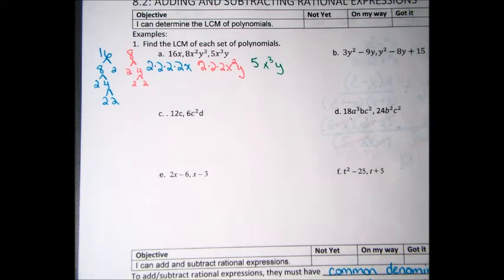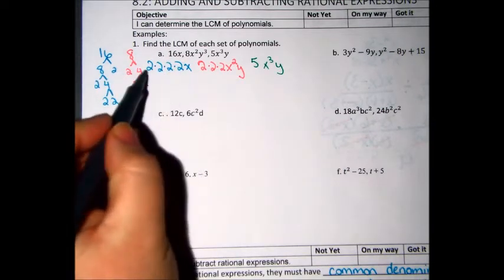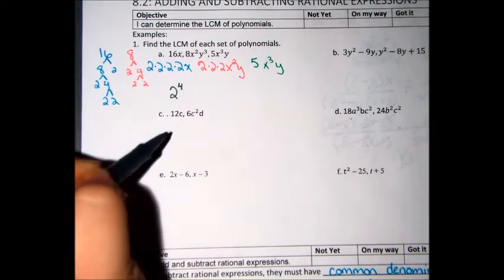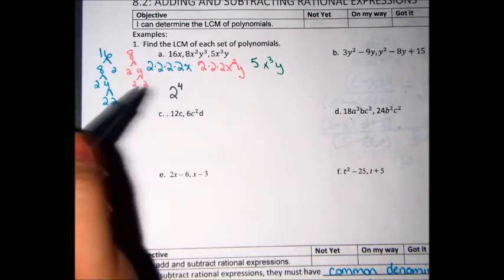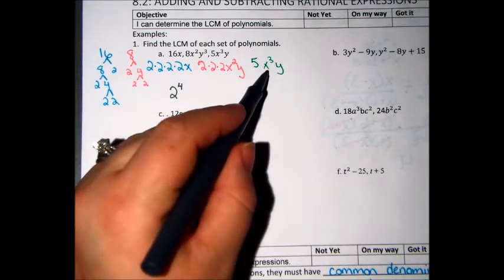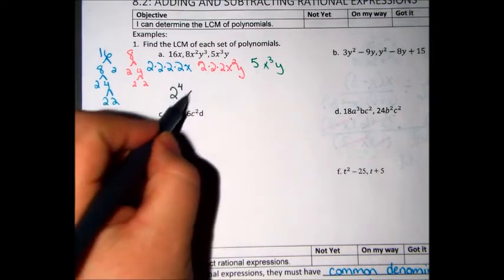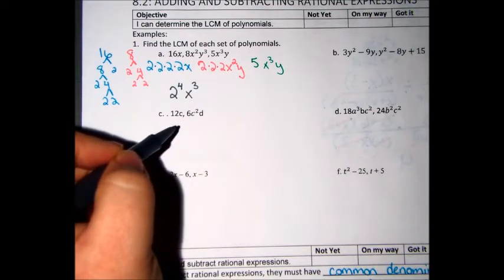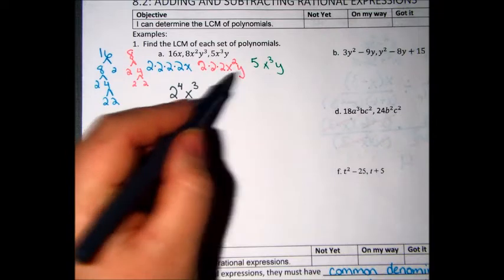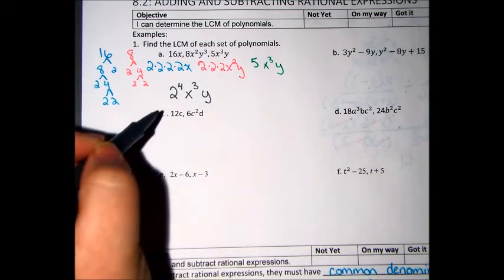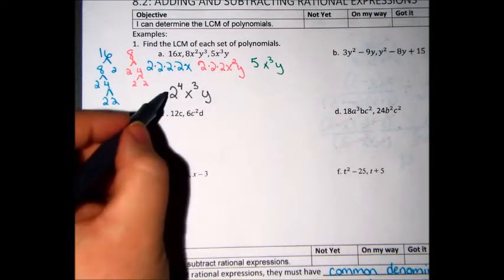Which one has the most 2's? That would be the 16; there are four 2's. Which one has the most x's? The last one, it has 3 x's. Which one has the most y's? Either of these, they're the same, just one y. And the last one has the most 5's.